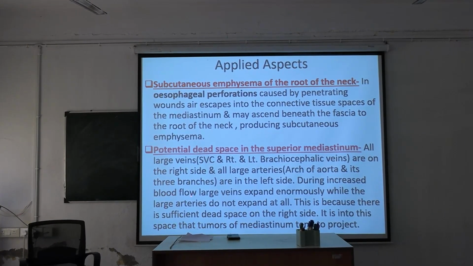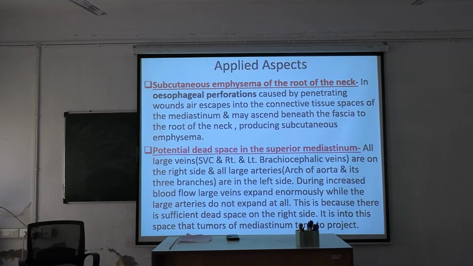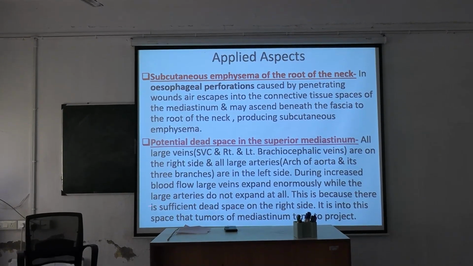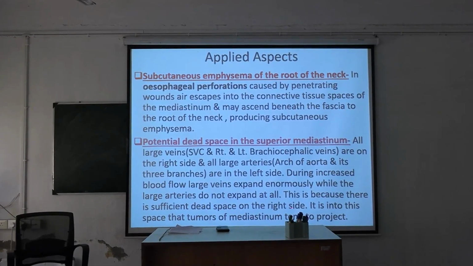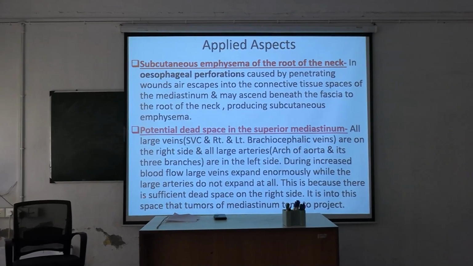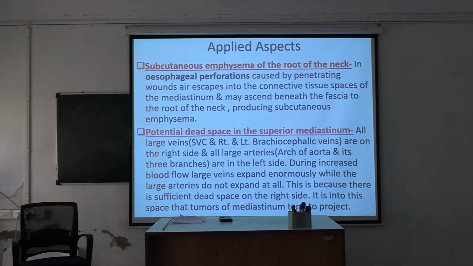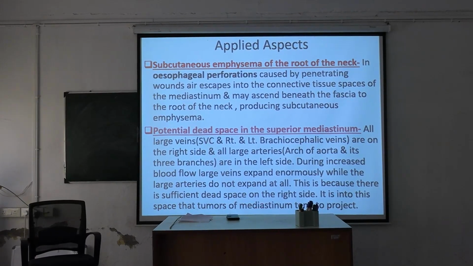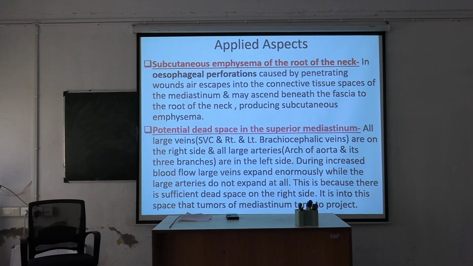So during increased blood flow, large veins expand enormously while the large arteries do not expand at all. And this is because there is sufficient dead space on the right side, and it is into this space that tumors of the mediastinum tend to project.